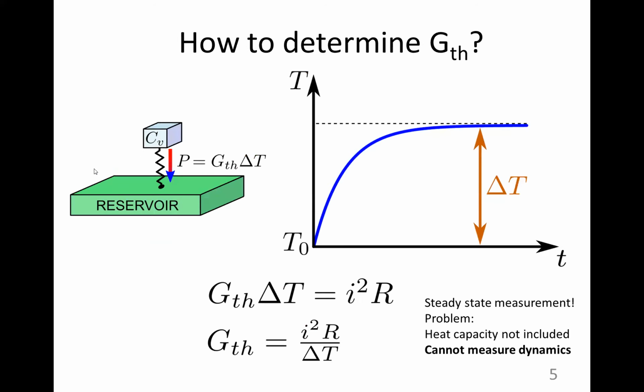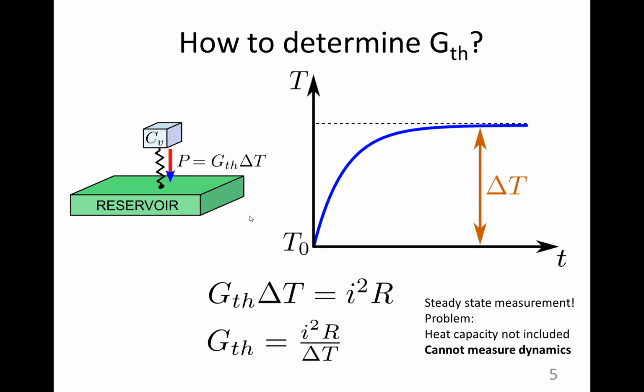So to reiterate, without measuring the dynamics, we can measure the thermal conductance. If you happen to heat your subsystem at some steady rate, at some point you will obtain a steady state temperature. So from the measured overheating, you can infer the thermal conductance.